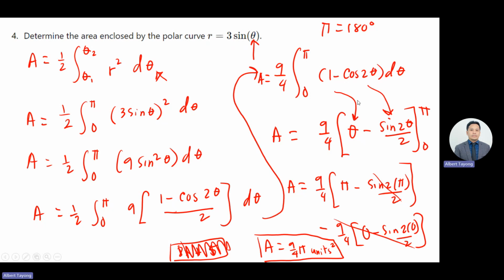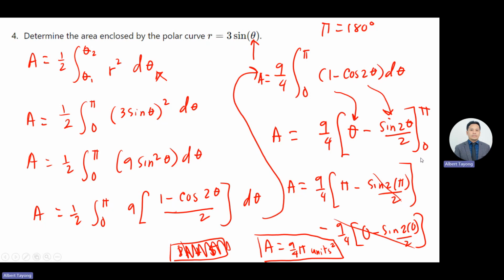Now to integrate this 1 minus cosine 2 theta, we integrate by parts, starting with 1. So for 1, the answer is theta. That is the integral of 1, because we're using theta as our variable. 9 over 4 is outside, and cosine 2 theta, that is sine 2 theta over 2. Whatever is the number here, it becomes our denominator when we integrate.